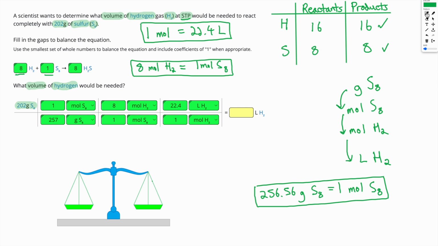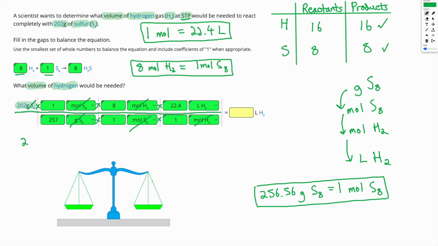Now we can go ahead and multiply everything on the top, multiply everything on the bottom, and divide top by bottom. Then we can cancel units that are the same on the top and the bottom. So grams of S8 cancel, moles of S8 cancel, moles of H2 cancel. We're just left with liters of H2, which is what we're trying to find. So that's great. We can go ahead and do our calculation.